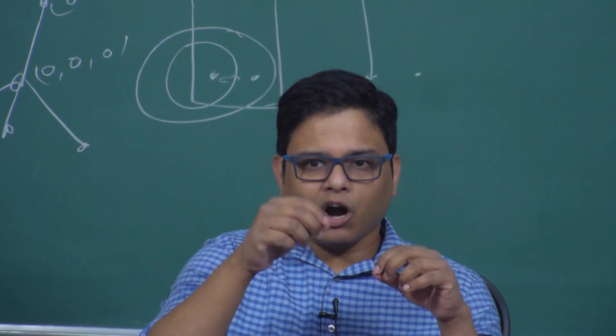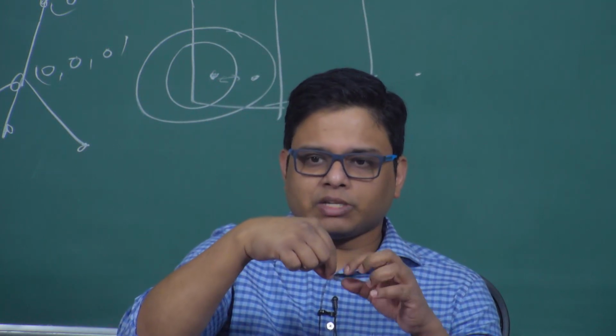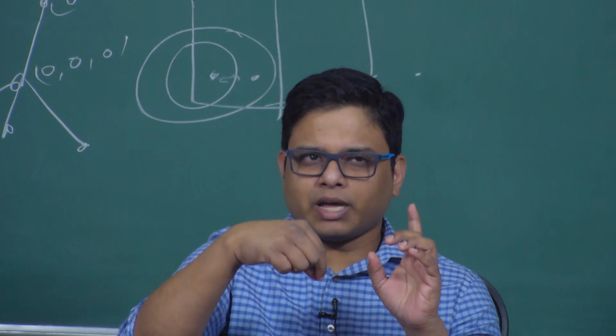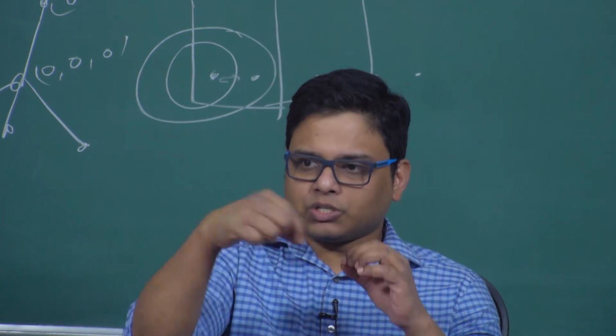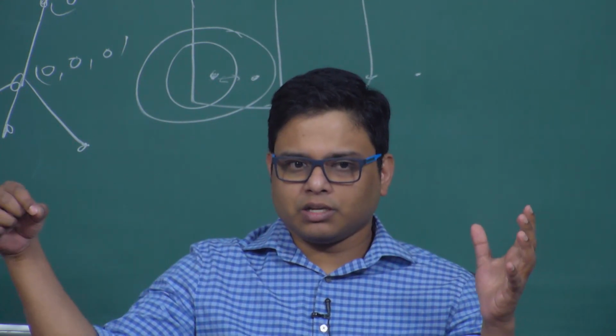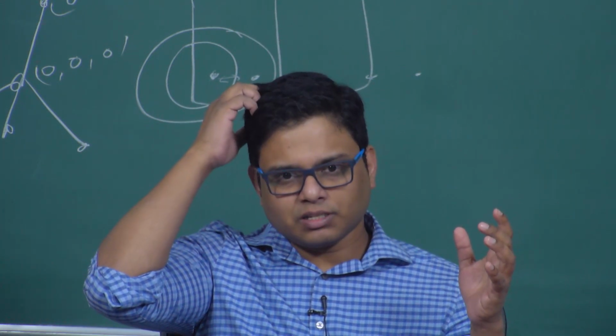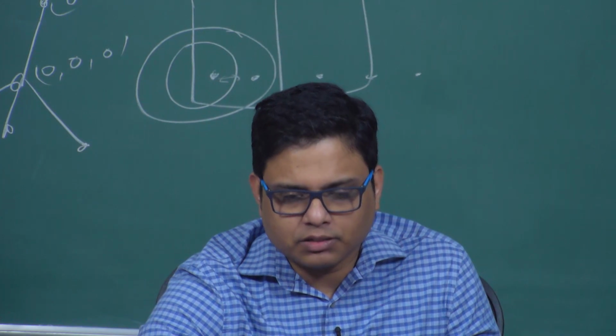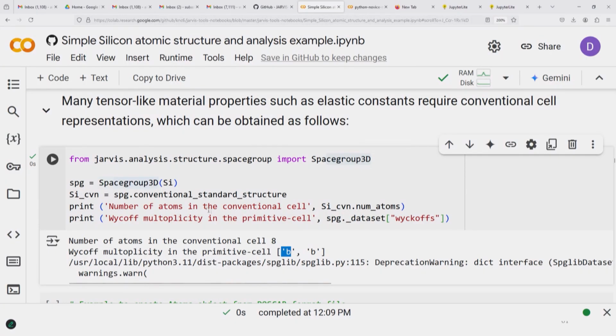It's basically if you put an atom, how many times it will be automatically replicated based on symmetry. I believe A is 1, B is 2, C is 3, and so on. I think the max is up to G. So here you can see it's B, right? So you can get the Wyckoff multiplicity.